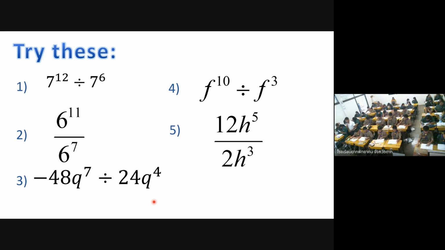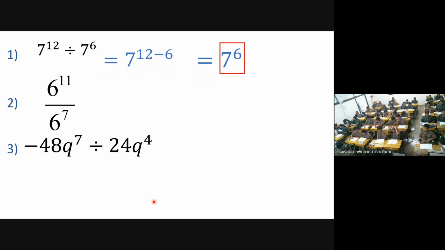Okay, let's answer this. So we have 7 to the power of 12 divided by 7 to the power of 6. What's the answer? 7 to the power of 12 minus 6, which is equal to 7 to the power of 6. Next, 6 to the power of 11 over 6 to the power of 7.